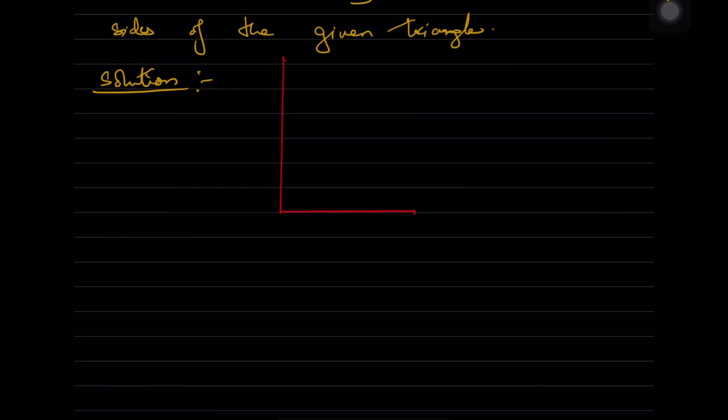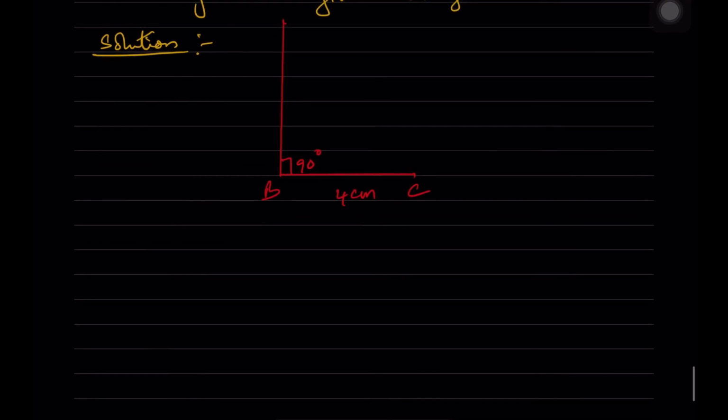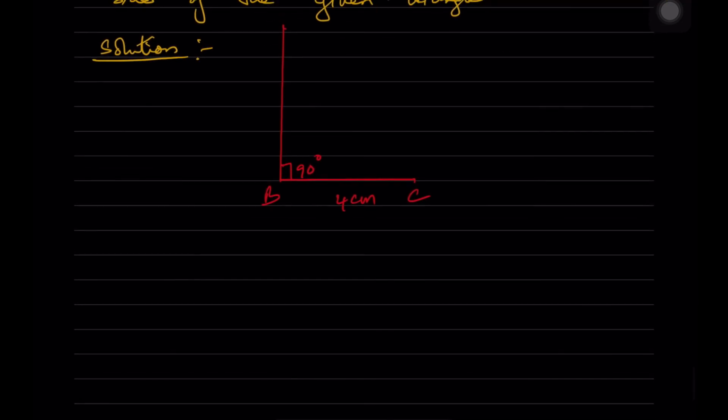So this is a right angle, this is 90 degrees over here. You can take this as BC. This is 4 centimeters. Now over here you have 3 centimeters, so you can just join it at 3 centimeters from here to here. This is 3 centimeters. So you can name this as A.